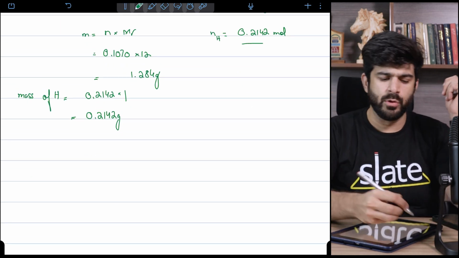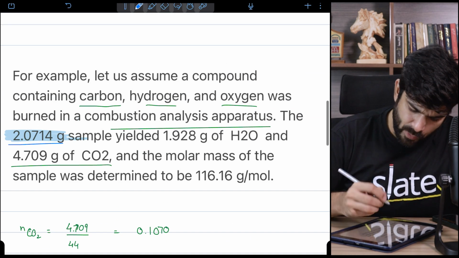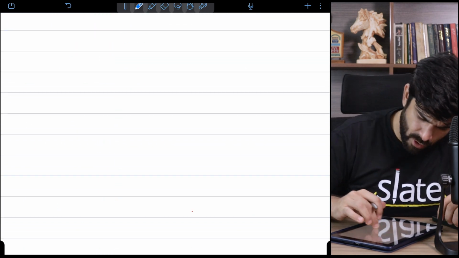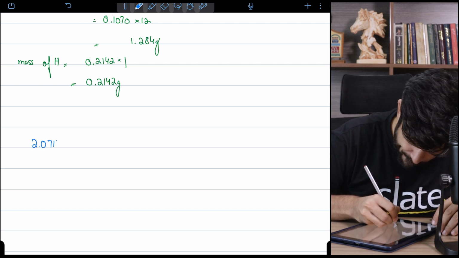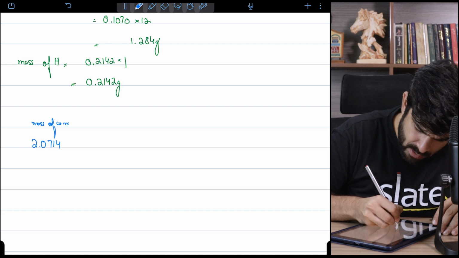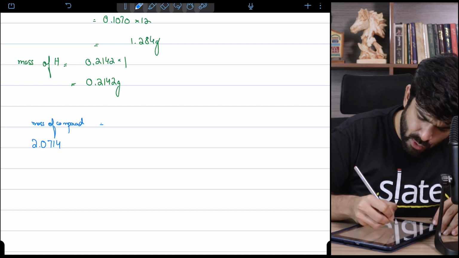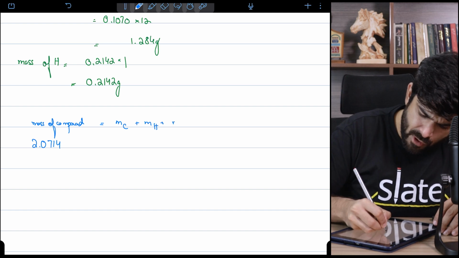Now what shall we do after this? We have the mass of the complete compound, which is 2.0714. Mass of compound equals mass of carbon plus mass of hydrogen plus mass of oxygen.